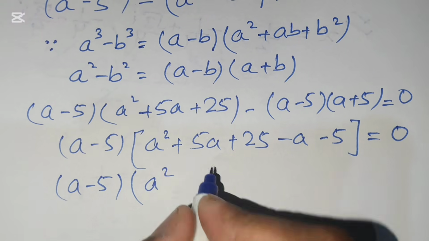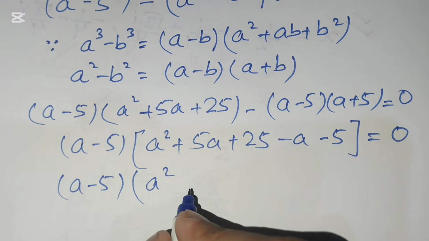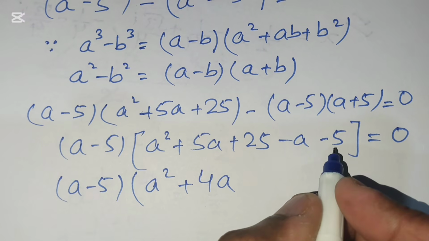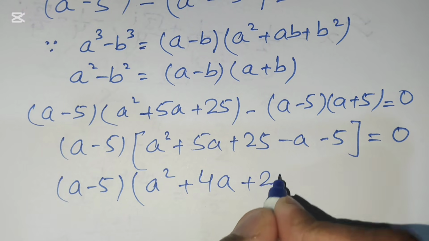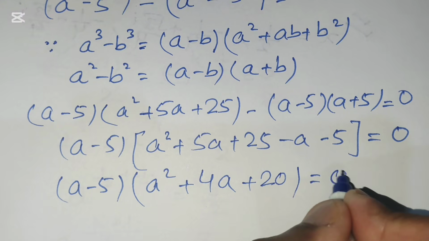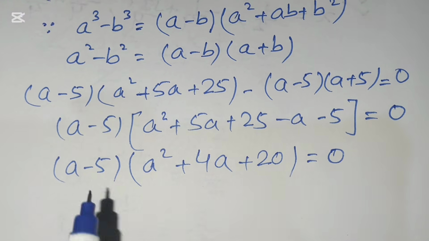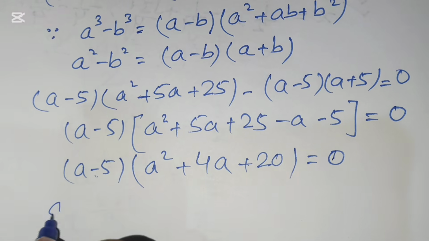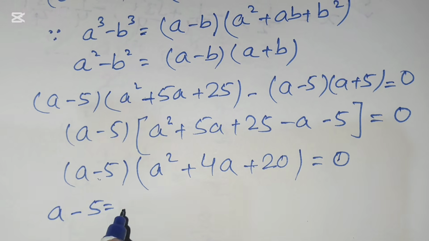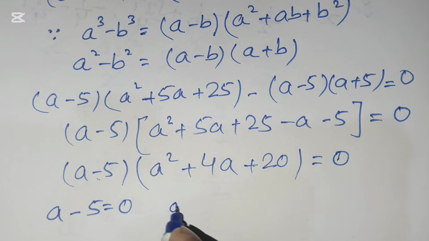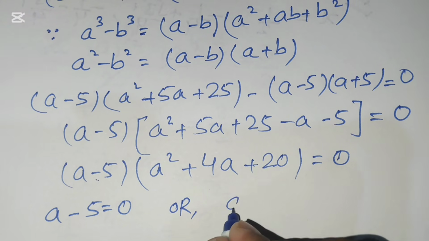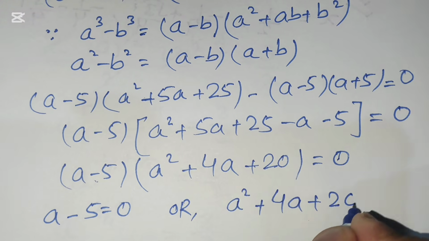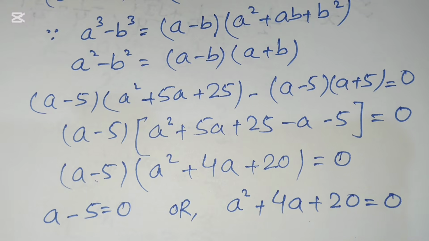This is A square, 5A minus A is plus 4A, and plus 25 minus 5 is plus 20, equal to 0. So either this will be equal to 0 or this will be equal to 0. That is A minus 5 equal to 0, or A square plus 4A plus 20 is equal to 0.